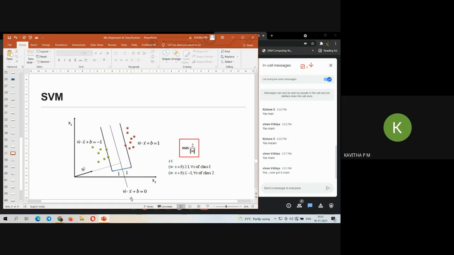We'll be assigning the particular value to be 0, right? So here the negative values are assigned to one class and the positive values are assigned to the other class, right? So this is actually the way SVM works.